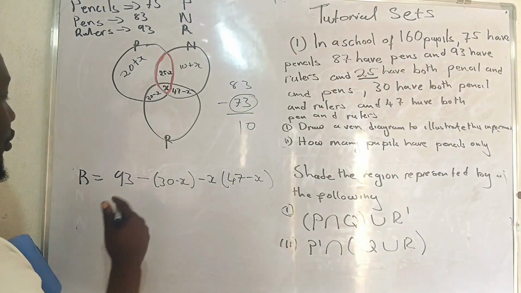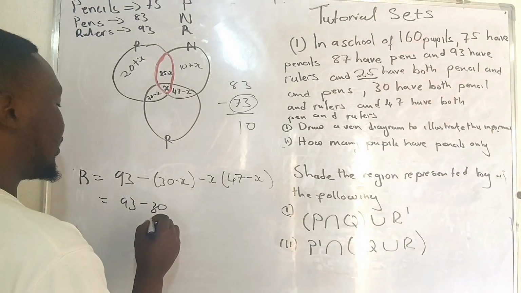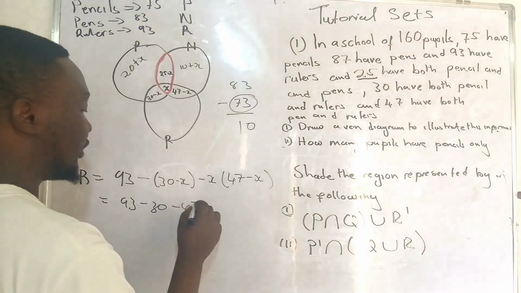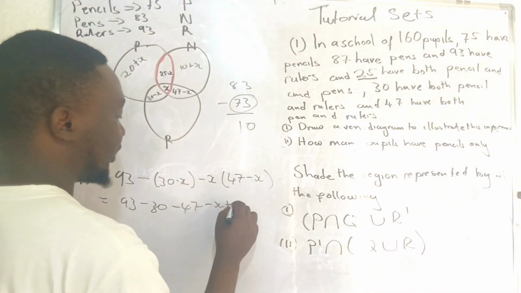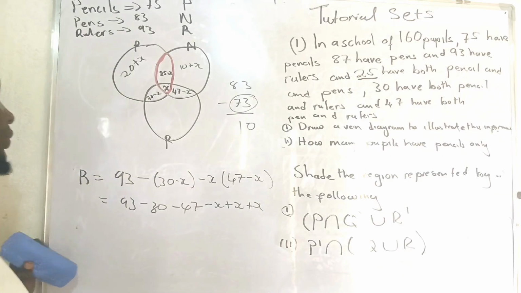So we can quickly solve: 93 minus 30 minus 47 minus x plus x plus x plus x.